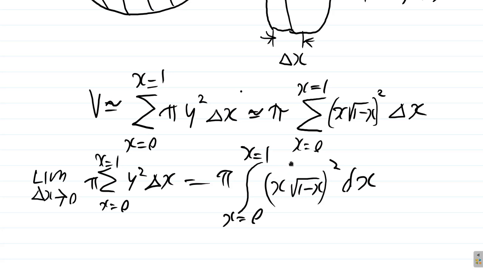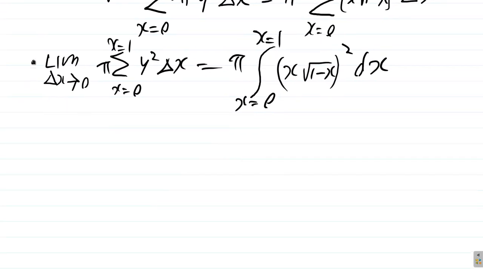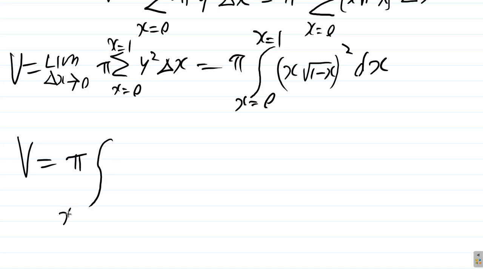Now, I should say the volume equals pi times the integral from x equals 0 to x equals 1 of, when you square this you get x squared and 1 minus x, right?